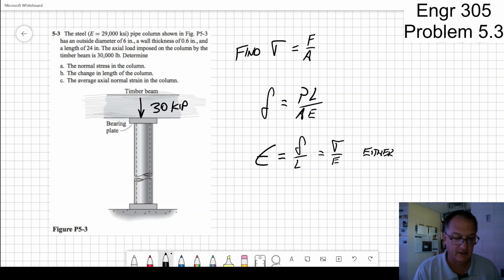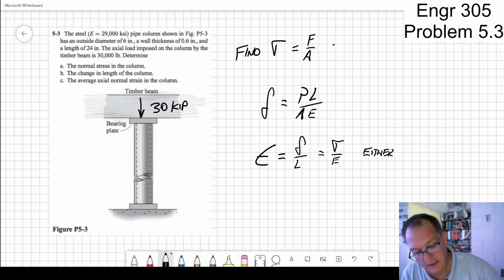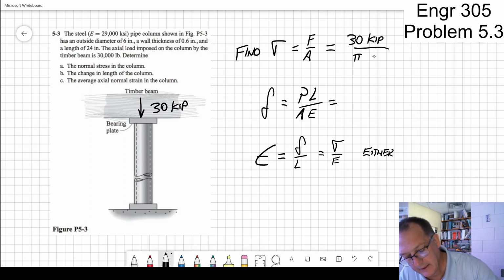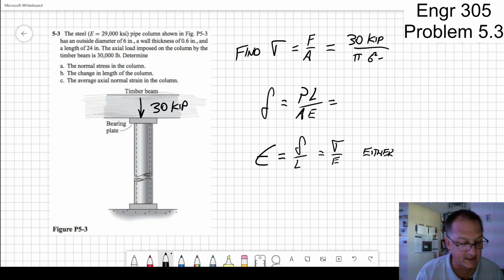Well, now it's just a calculator game. So I start substituting in. My force is 30 kip. My area is pi times my outside dimension, 6, squared, minus my inside dimension.